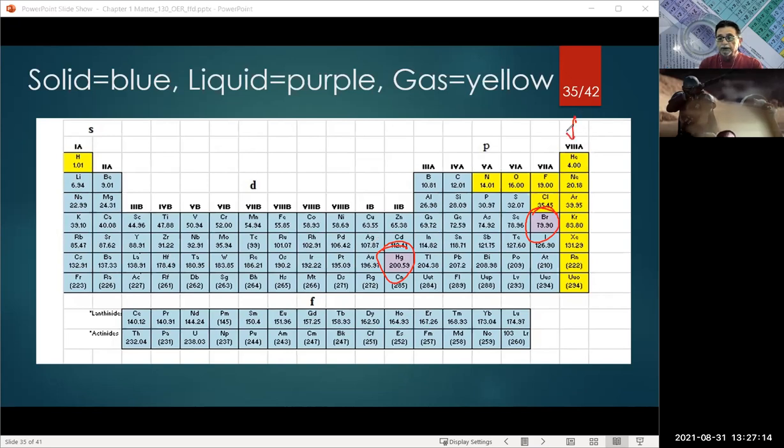And then we had hydrogen over here. We have nitrogen, oxygen, fluorine, and chlorine. Okay, and everybody else is a solid. And so if you're asked, okay, calcium right there, solid, liquid, gas, just knowing its position in our periodic table, you know its physical property. Okay, at 25 degrees.